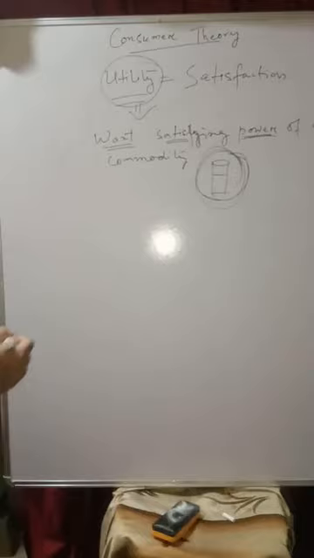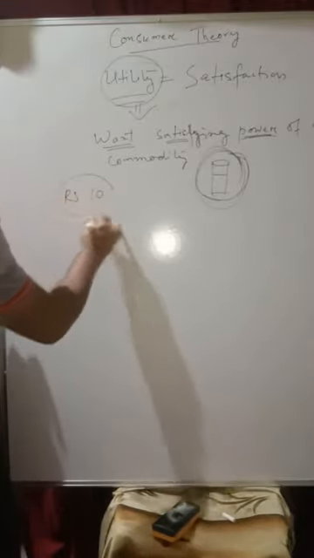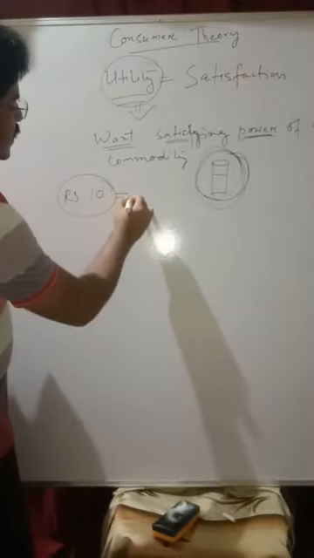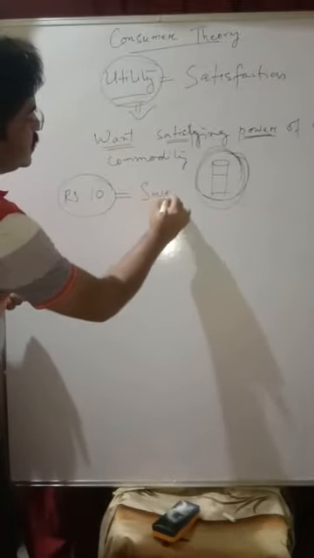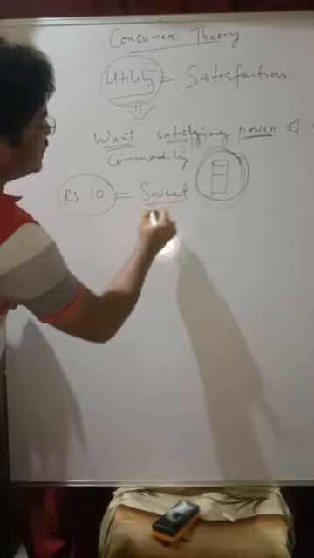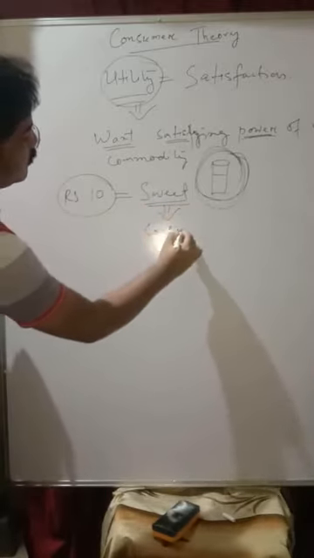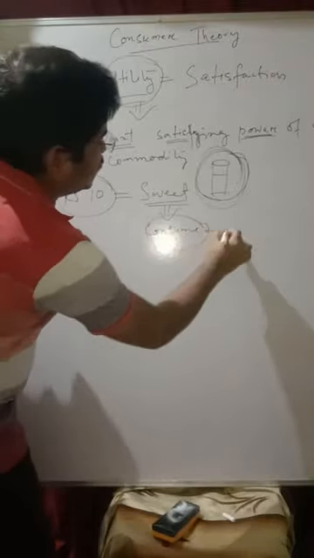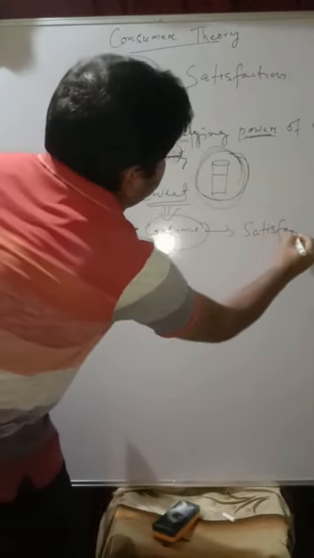Suppose you have rupees 10 in your pocket, that is your income, and with that rupees 10 you want to purchase one sweet. When you purchase that sweet and consume it, out of your consumption you have satisfaction.